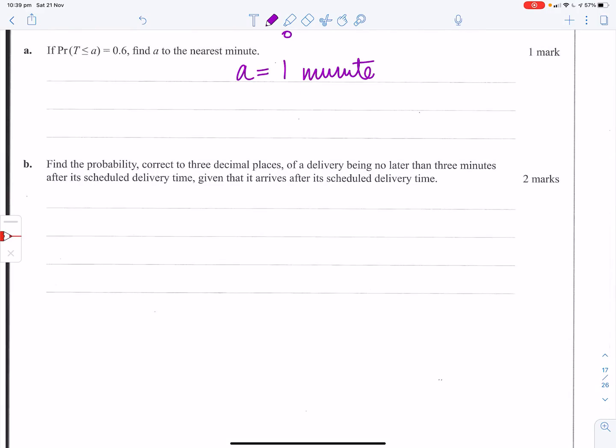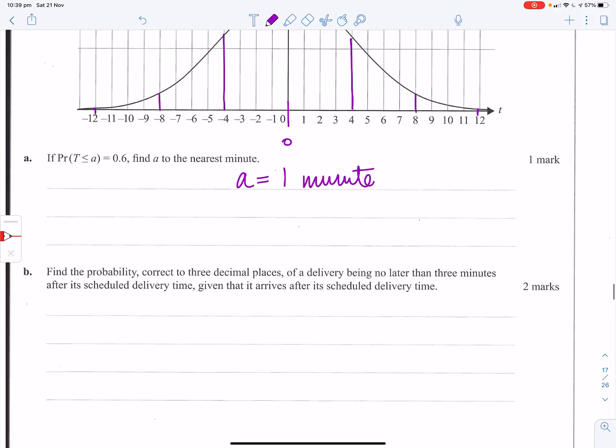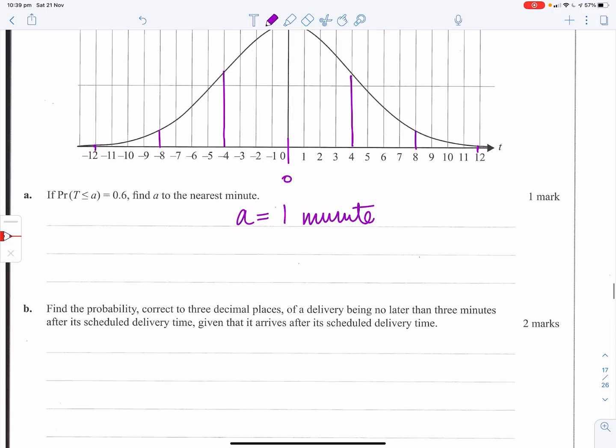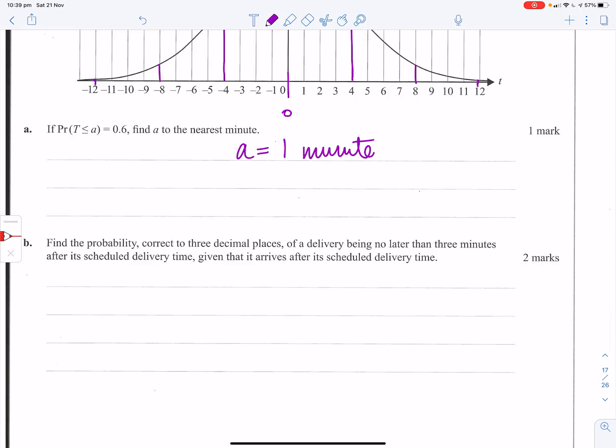Find the probability of a delivery being no later than 3 minutes after its scheduled delivery time, given that it arrives after its scheduled delivery time. So x is normally distributed with a mean of 0 and a standard deviation of 4.